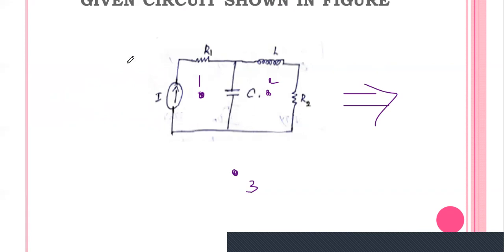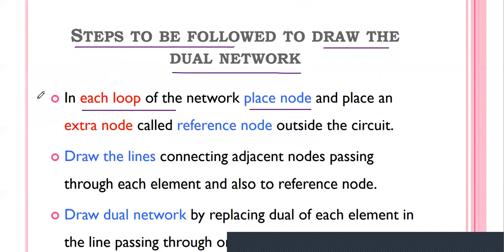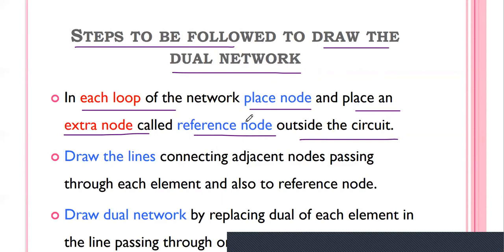So similarly, in order to draw the dual network, we have to place another node, the reference node. This is the first step: in each loop of the network, place a node, and place an extra node called the reference node outside the circuit.